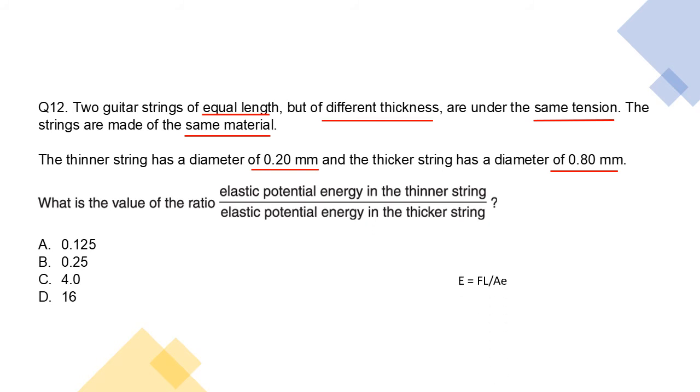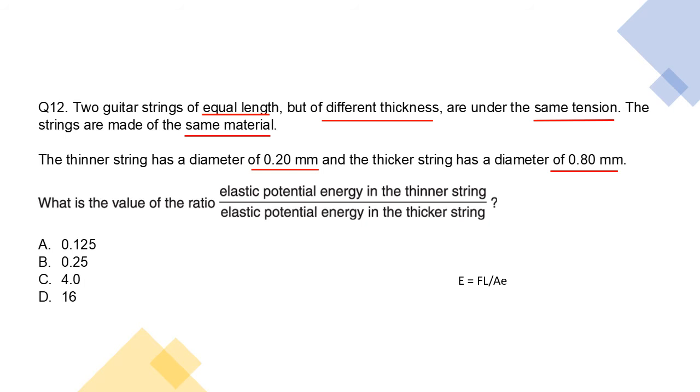So it is something to do with the Young modulus. Think about the equation for Young modulus. It is force times length divided by area times extension. Both are the same material, so E is a constant. They are under the same tension, so F is a constant. Equal length, so L is a constant.